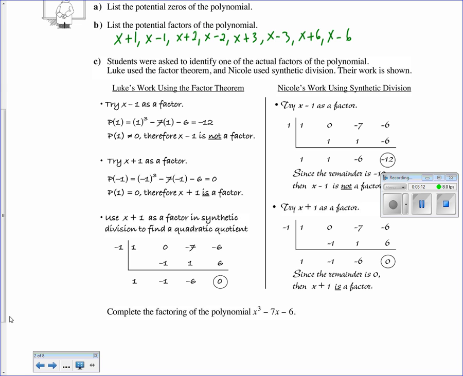They tried x equals -1 as a factor, and they generated a 0. That means that x plus 1 is a factor, and then they were able to long divide. The same thing happened on the other side. They tried synthetic division of x plus 1, generated a remainder of 0, and now we've got the opportunity to complete factoring for this statement.